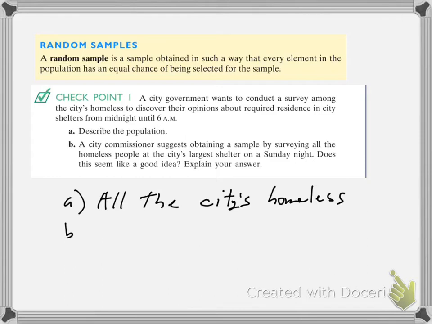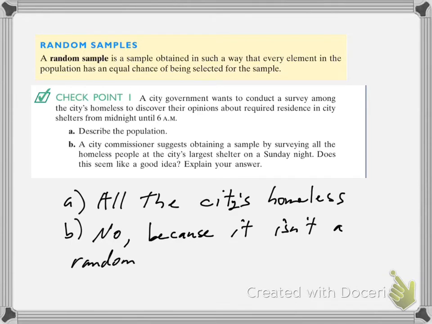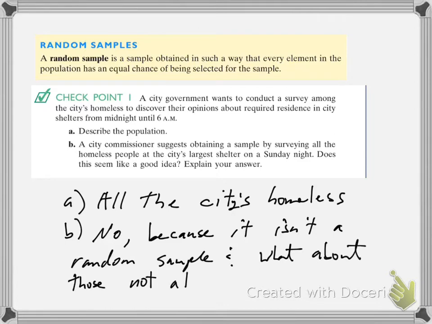Explain your answer. I would say no, because it isn't a random sample, and what about those not at shelters?